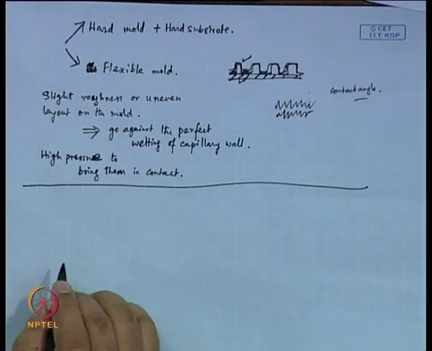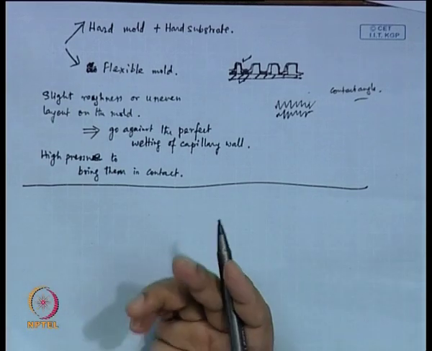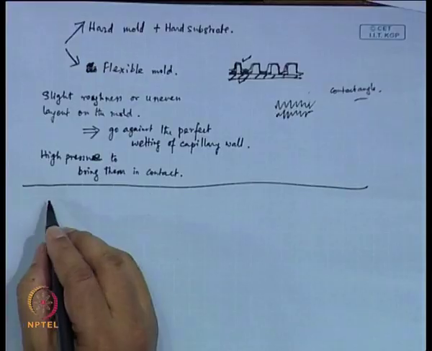So the third point: we have talked about open, we have talked about closed, and the third point is when you have permeation, when there is a possibility that some part can permeate through the wall of that mold.